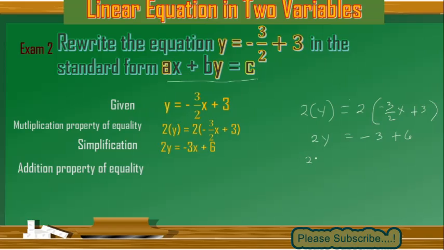First, we write y equals negative 3x plus 6, then plus the opposite. The opposite of negative 3x is positive 3x. So you also add here positive 3x. Then after that, you simplify.